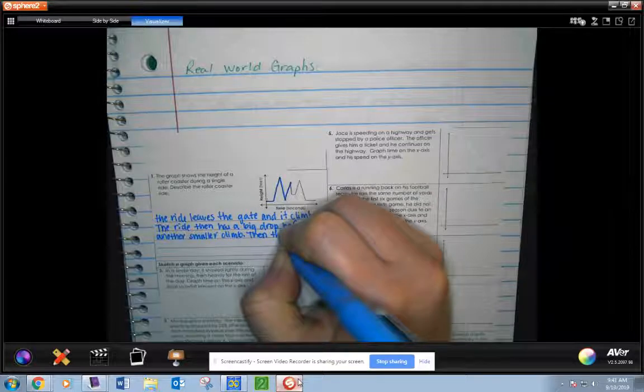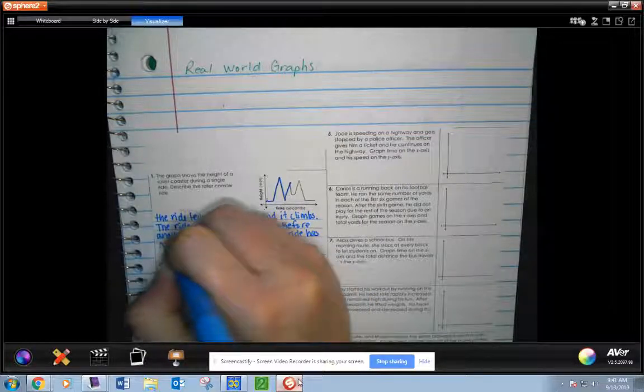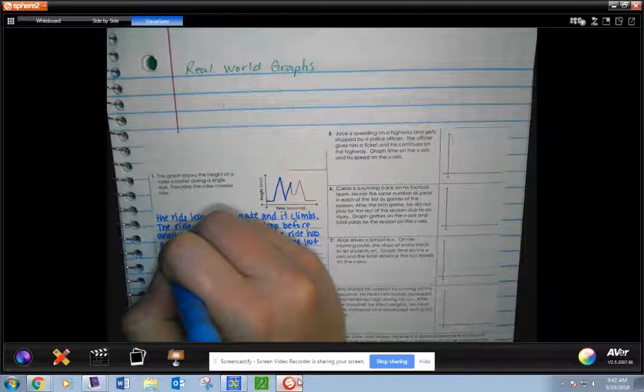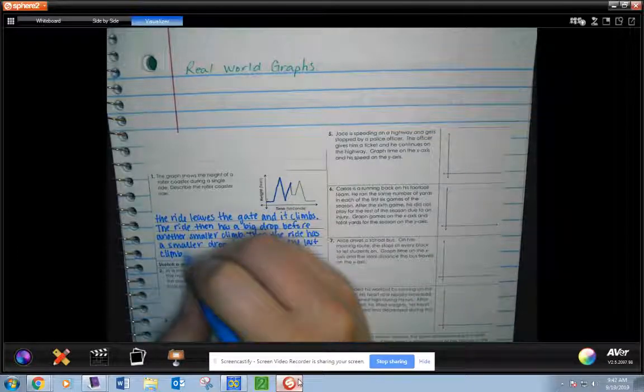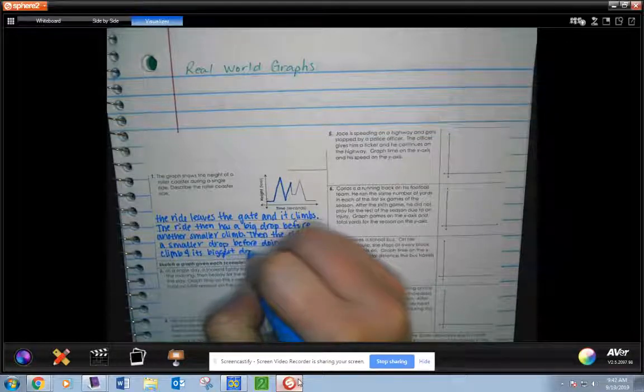Then the ride has a smaller drop before doing one last climb and its biggest drop.